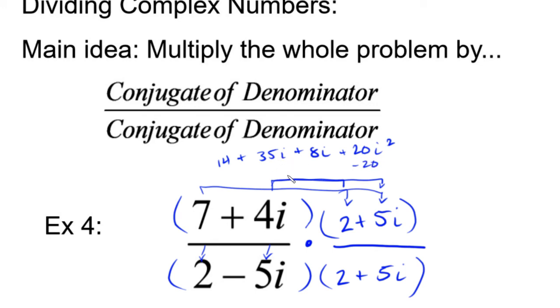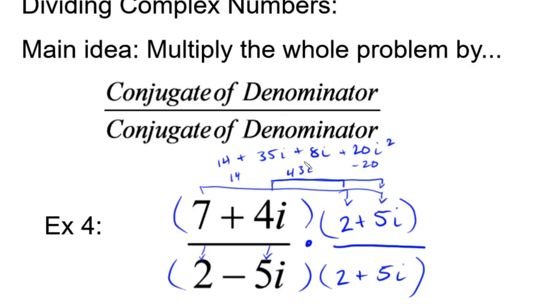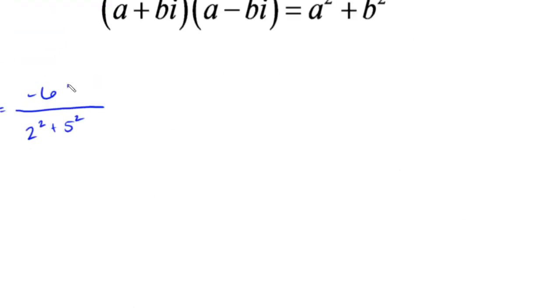Combine these like terms to get you 43i, and you still have your 14. The negative 20 and the positive 14 make a negative 6. So we've got negative 6 plus your 43i, over 4 plus 25, which is 29.